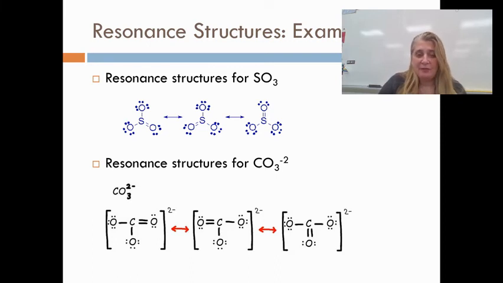It would have 3 times 6 from oxygen. So 18 plus 4, 22. But then you have the extra 2 electrons. So you have 24 electrons total that you need to represent. You would recognize you would need 1 double bond, but the real Lewis structure is going to be somewhere between all of those.